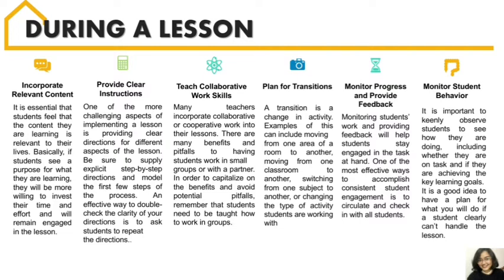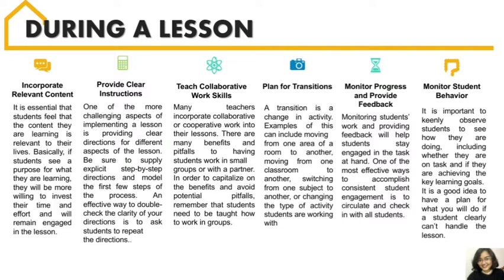Third, teach collaborative work skills. Students need to be taught how to work in groups. This is not something that students naturally know how to do. It needs clear direction and practice in skills such as listening, sharing, complimenting, and challenging one another's ideas.